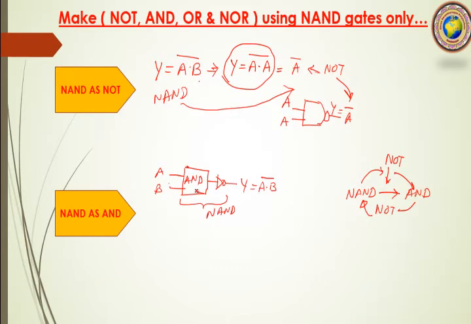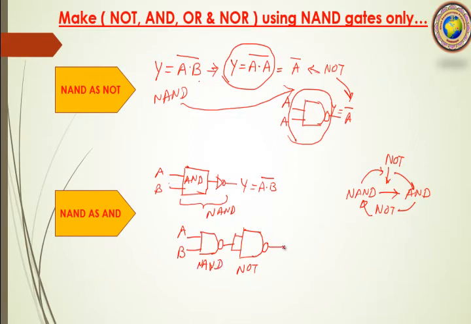Now we want to develop the AND gate. Just take one NAND gate with A and B. Now we want to convert, because NOT to AND you use NOT, but we know that the NOT will be designed the same way here. So we take a NOT gate here, and this is a NAND gate.